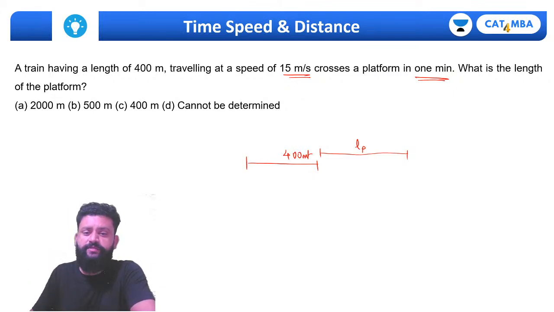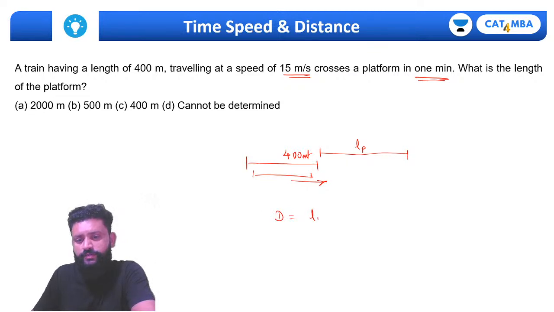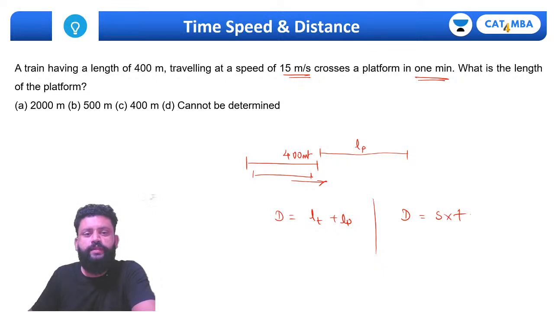Then it requires 1 minute to cross the platform. So to cross that platform, the train needs to cover this length. First thing, the distance traveled to cross the platform will be length of train plus length of platform, right? And we know distance is speed into time. So here the speed is 15 meters per second and time is 1 minute, which is nothing but 60 seconds.